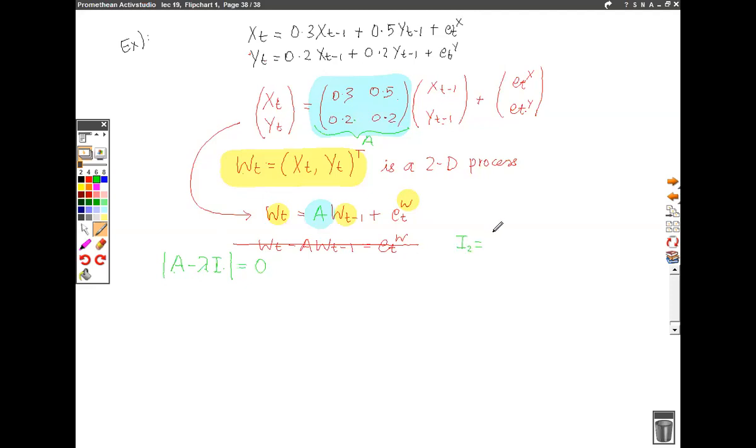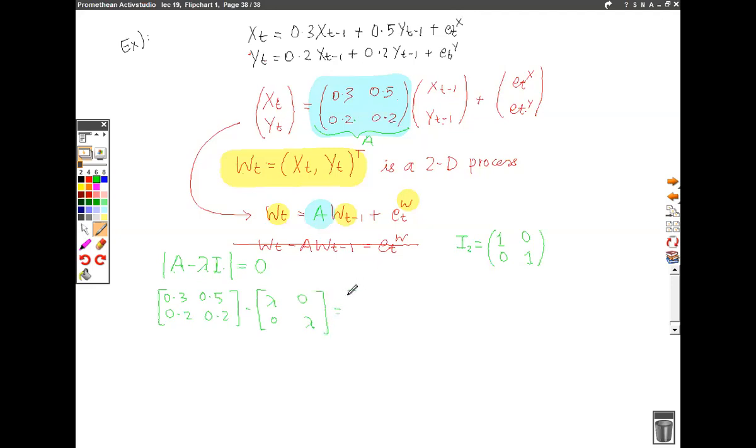So if I have I2, it will be 1, 1, 0, 0. So what I will do is I will have A minus lambda I. For my A, I have something like 0, 0.3, 0, 0.5, 0, 0.2, 0, 0.2 minus lambda times I, which will just be lambda, lambda, 0, 0.